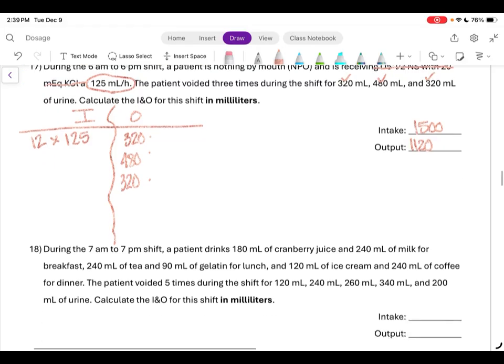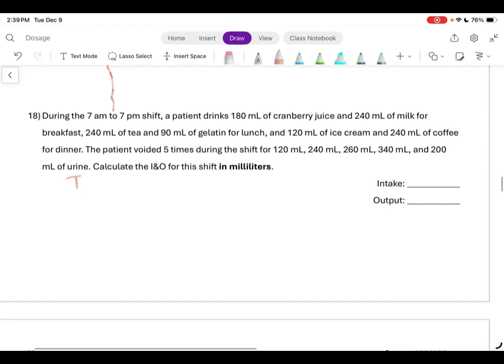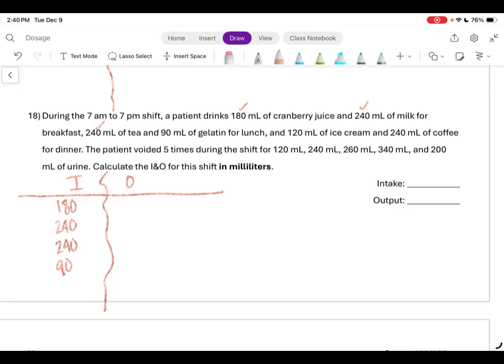Okay. Number 18. Again, I'm just gonna draw my I and O table. All right, and we've got 180 of cranberry juice, 240 of milk, 240 of tea, 90 of Jell-O, 120 of ice cream, and 240 of coffee.